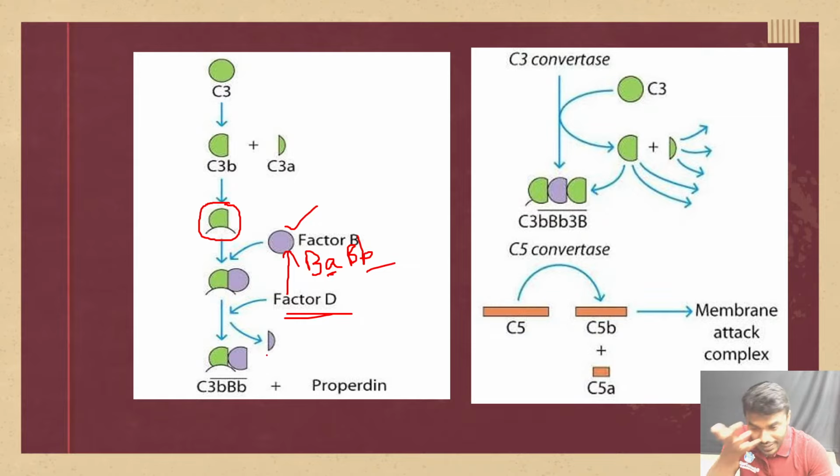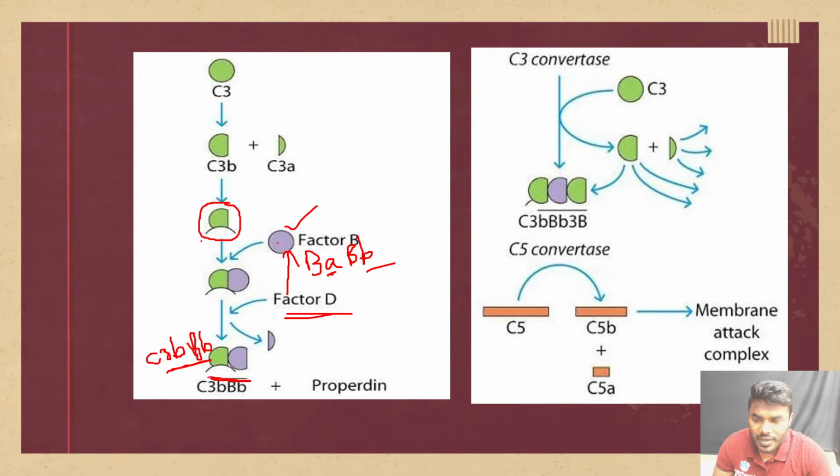Now you can see here, this is complement 3B. From the factor B, the large part is coming: C3BB. You can see here, very simple. And friends, you all have to look into this.